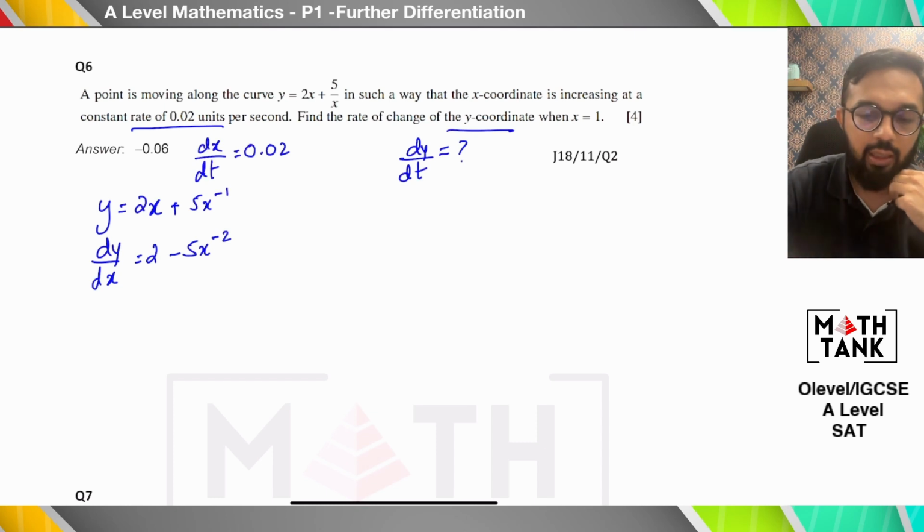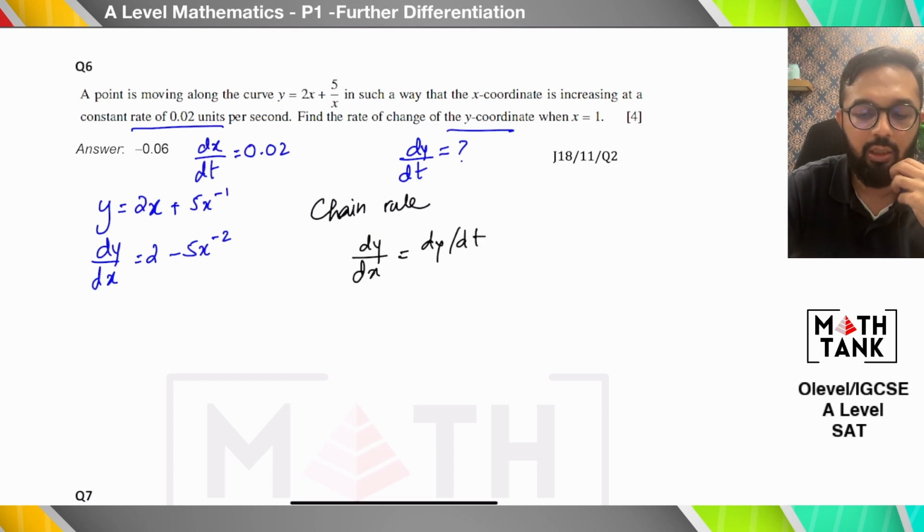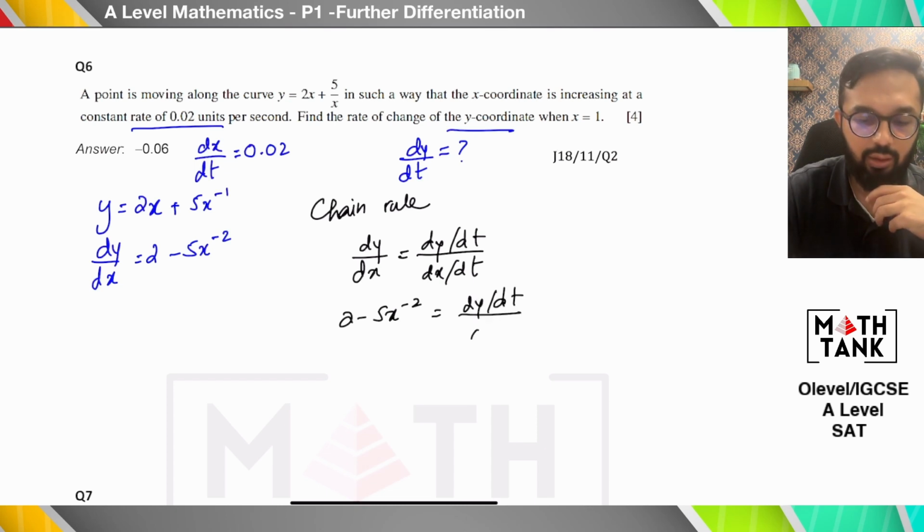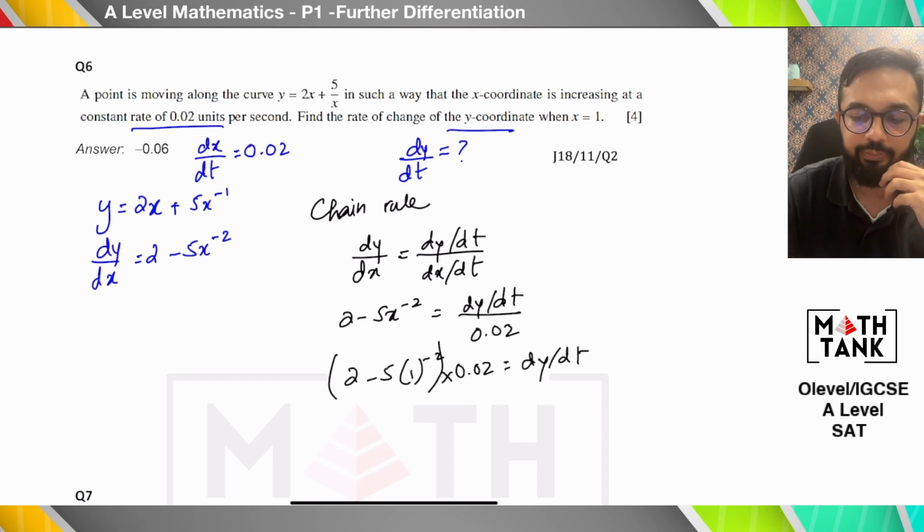Okay. Then you've learned the chain rule, so you start decomposing it. So dy by dx can be decomposed into dy by dt divided by dx by dt. So dy by dx is 2 minus 5x power minus 2. dy by dt is the unknown here in this question, and I have 0.02. So 2 minus 5 times 1 to the power minus 2, into 0.02 equals dy by dt.